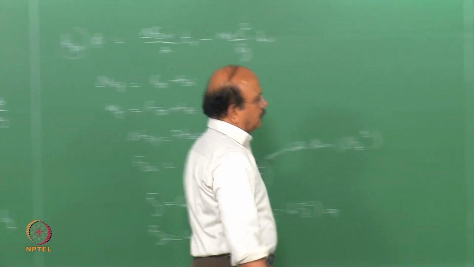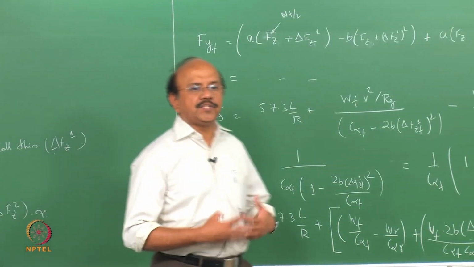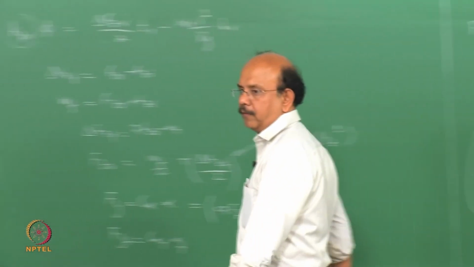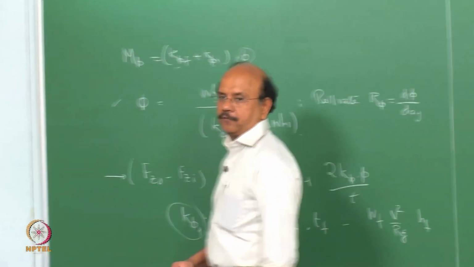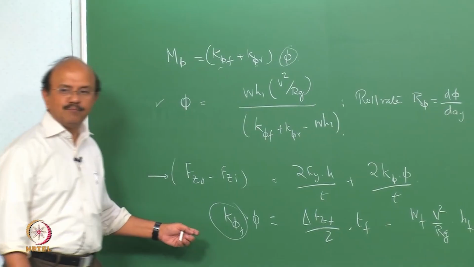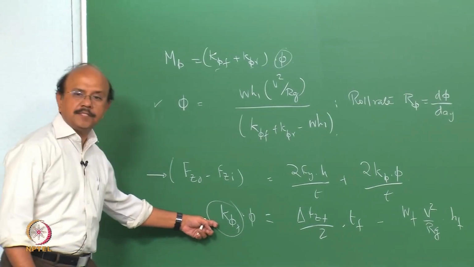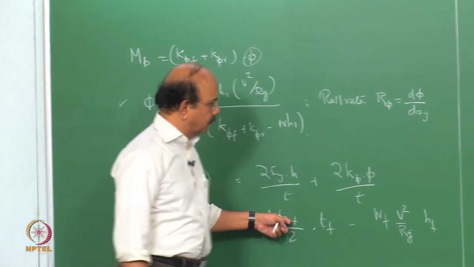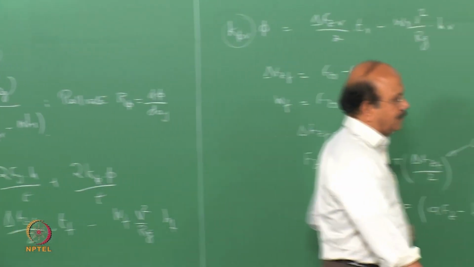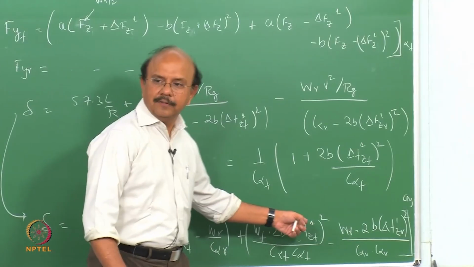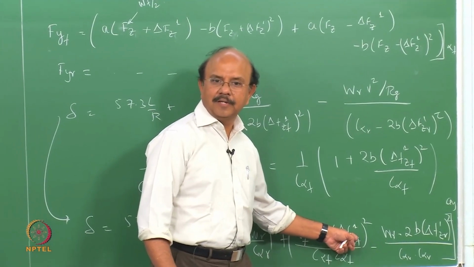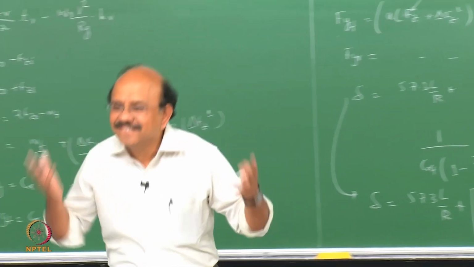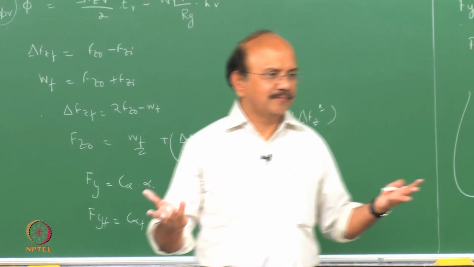What happens if the front suspension stiffness increases? Interpret that. What happens when the front suspension stiffness increases? This increases, which means that this increases, and hence the vehicle becomes understeer, right?